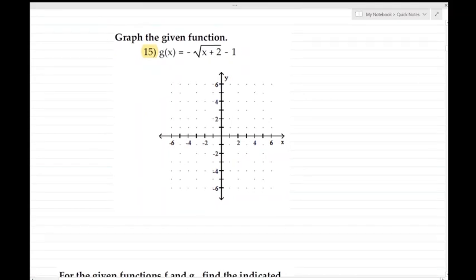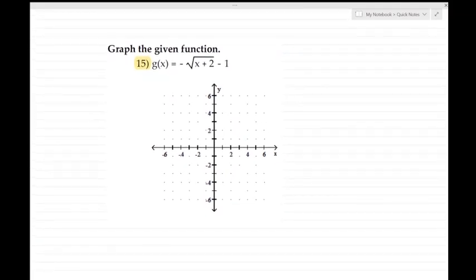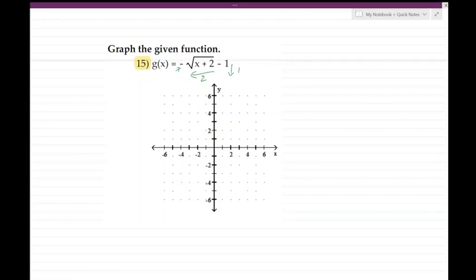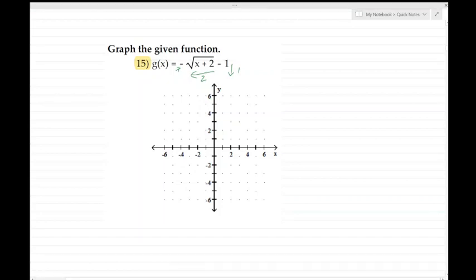Again here, we're given to graph this function, and notice that we have the negative in front, which means a reflection over the x-axis. Then we have a transformation to the left 2 units and then downwards 1 unit. So let's go ahead and graph the parent function. It looks something like this, right?